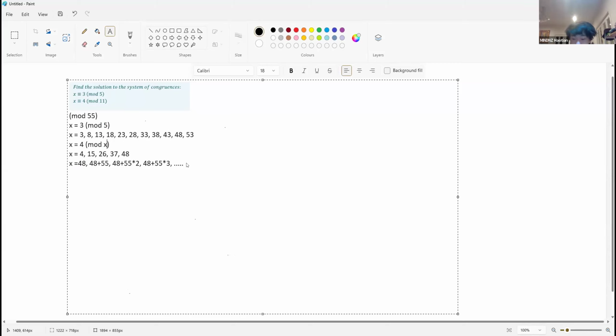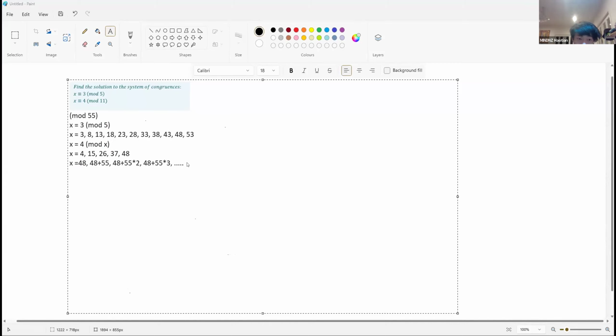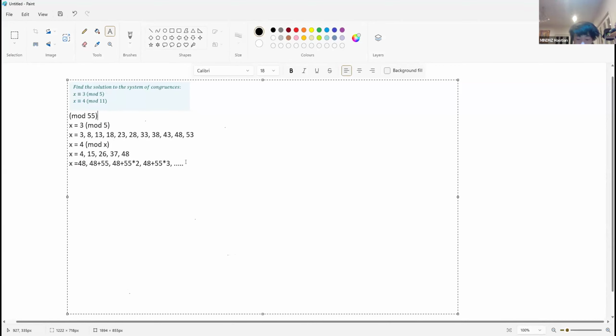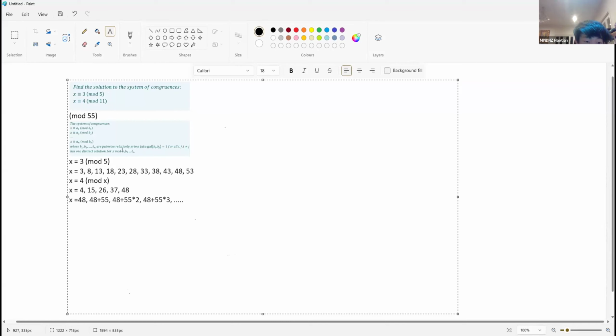And if we look at the description of the theorem, it says mod b1, b2 up to bn, so the product of the mods. And indeed, if we look at the numbers below 55, there's only one remainder in common, right? And that's 48.